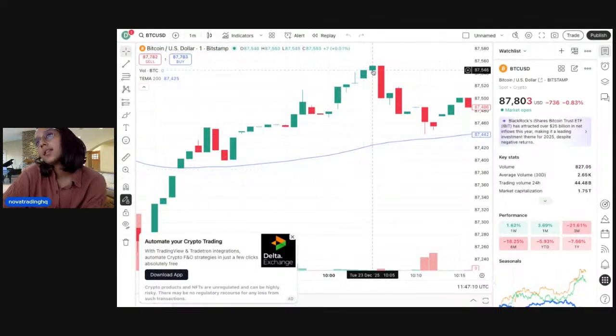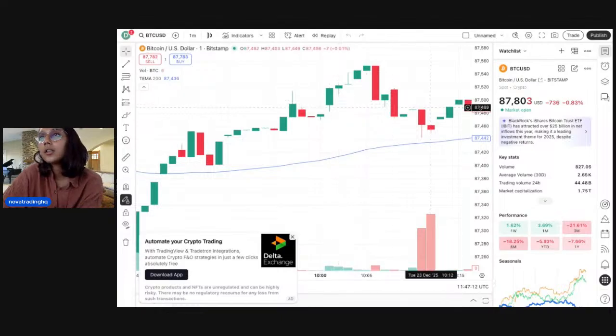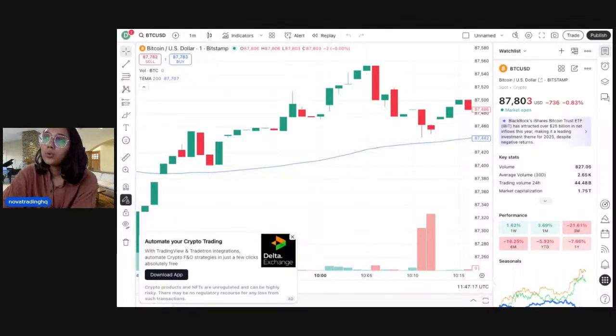You can see there are hardly any wicks. I'm unable to notice any wick. So at 10-4, the trend becomes so obvious, which we can notice here.